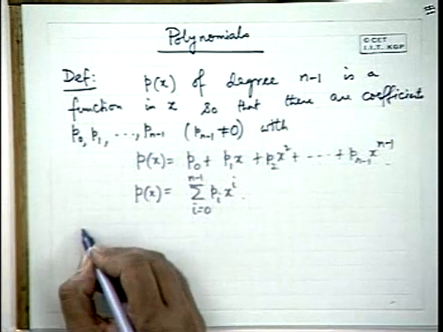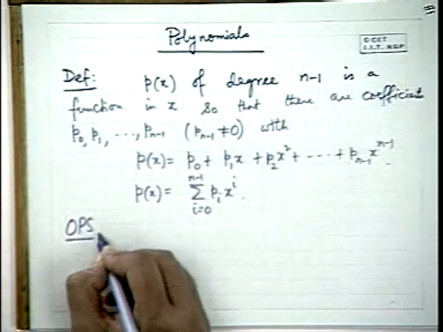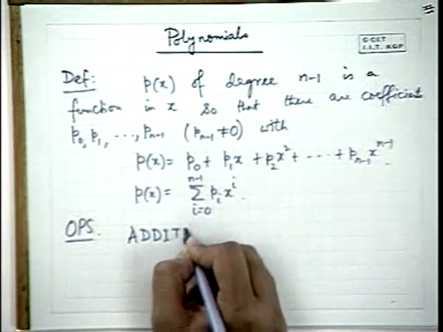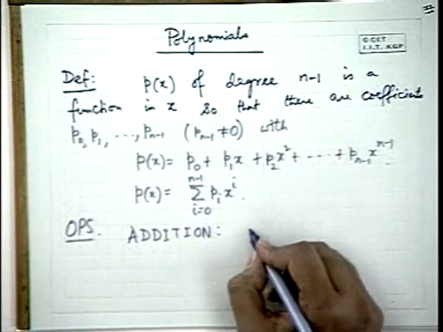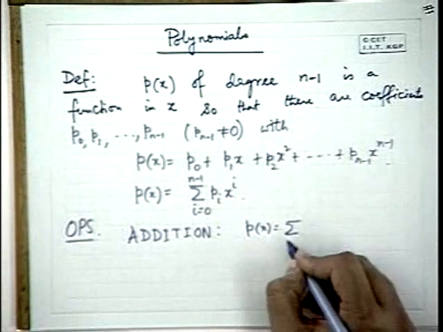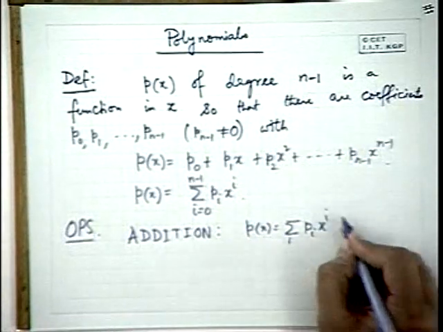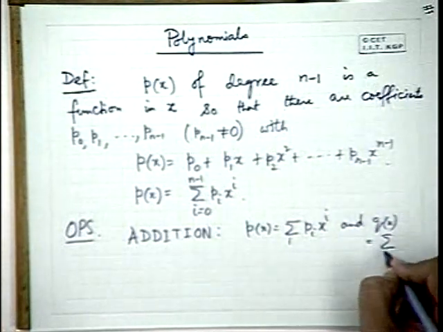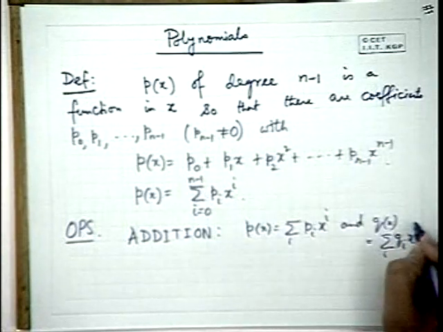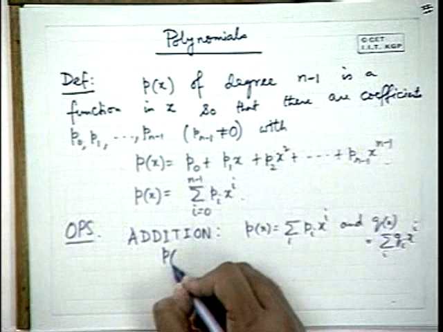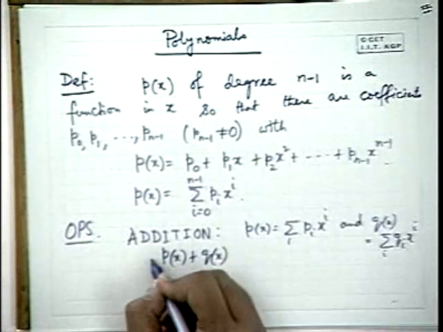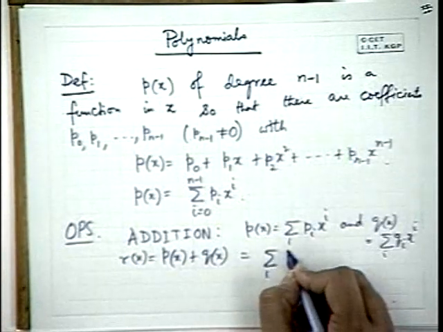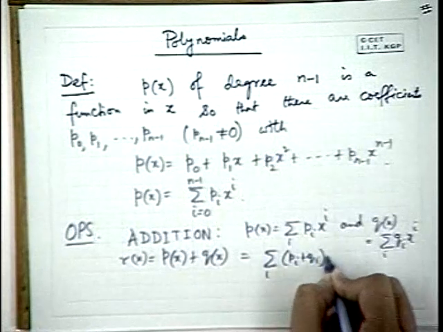Now what are the typical operations? The operations are, say, addition of two polynomials. So given two polynomials, say P(x) equal to the sum of Pi xi, and say Q(x), which is the sum of Qi xi, then we are asking to compute P(x) plus Q(x), a new polynomial, say this is R(x), which is nothing but the summation over i of (Pi plus Qi) xi.